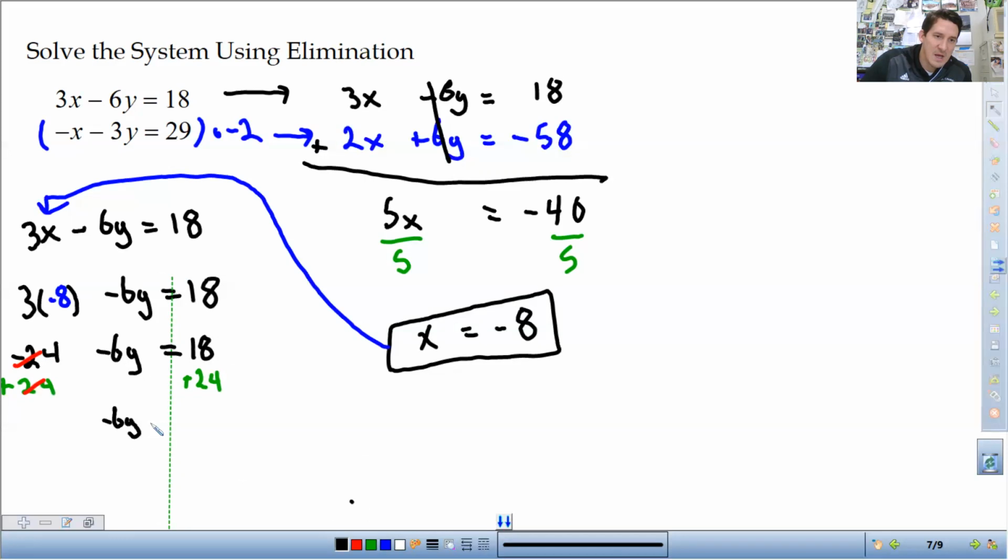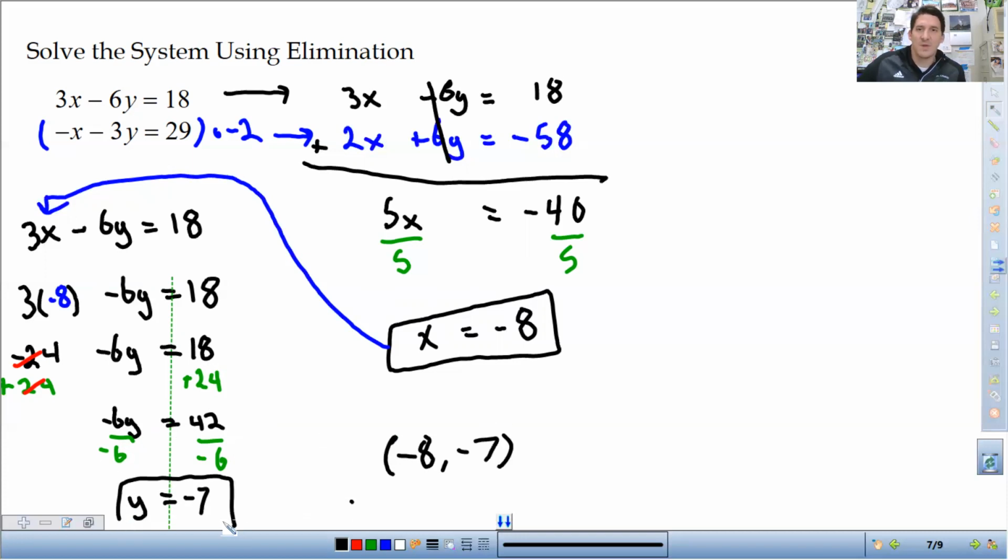Negative 6y is equal to 42. 18 plus 24 is 42. And then last step, divide both sides by negative 6. You get y is equal to negative 7. So as an ordered pair, x is negative 8, y is negative 7. Again, just be careful with the negatives as you're working through.